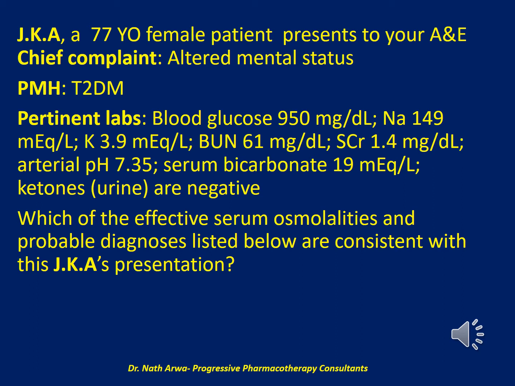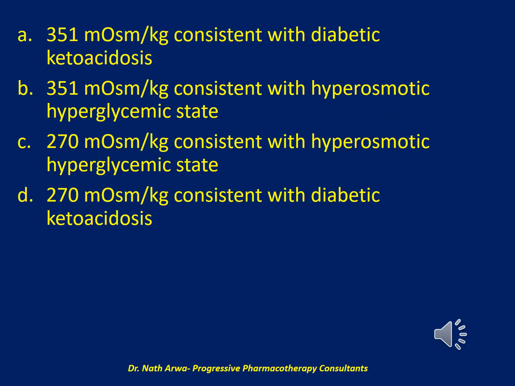So my question to you is, which of the effective serum osmolalities and probable diagnoses listed below are consistent with this JKA's presentation? Is it A. 351 milliosmoles per kilogram consistent with diabetic ketoacidosis? Or B. 351 milliosmoles per kilogram consistent with hyperosmotic hyperglycemic state?